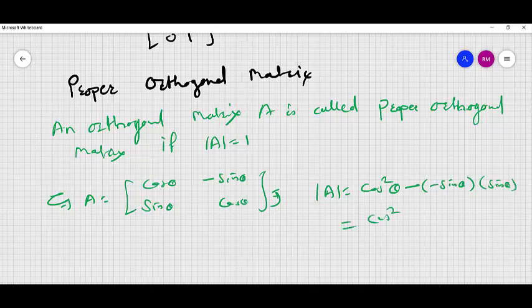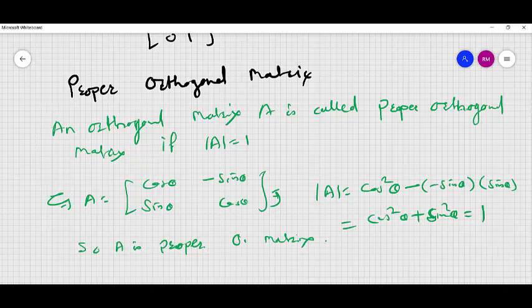That means cos square theta plus sin square theta, that is equal to 1. So that's why A is proper orthogonal matrix. In short, we write it as proper orthogonal matrix.